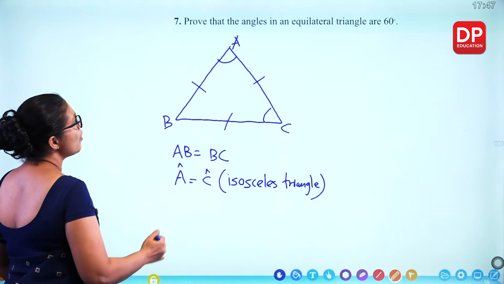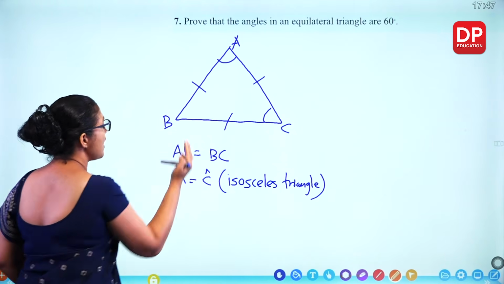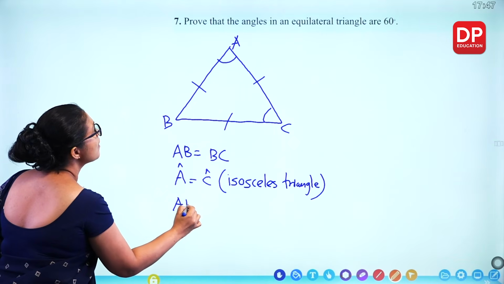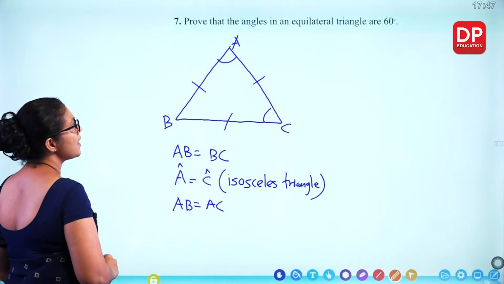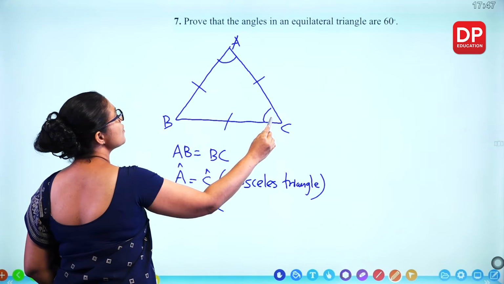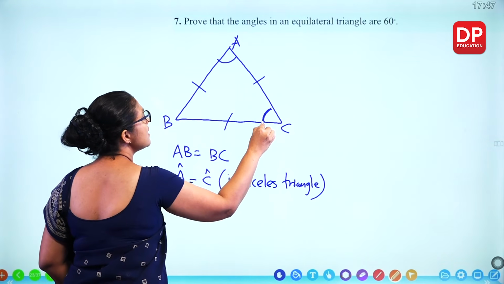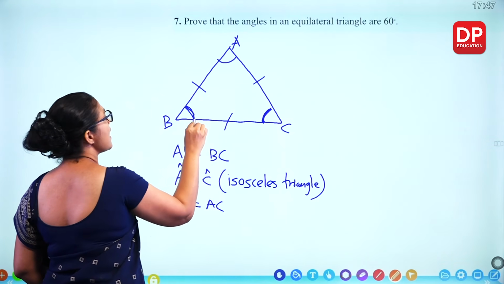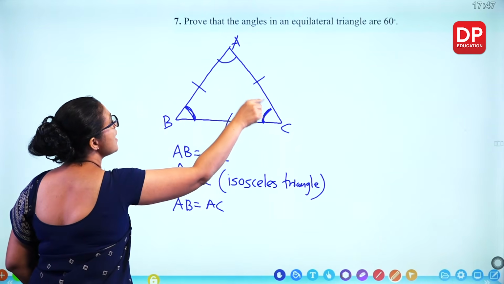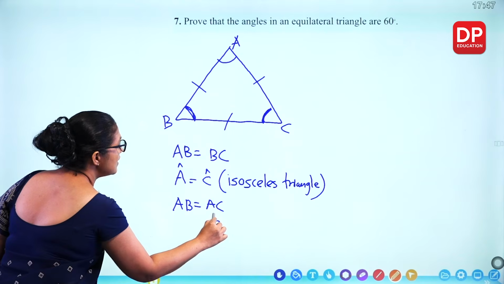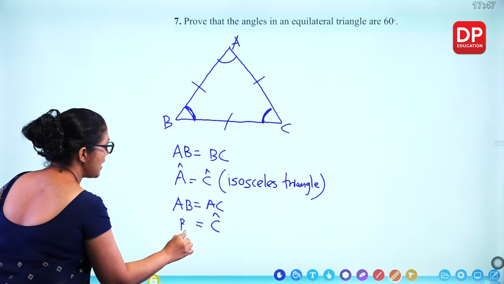Then think about the other way. So if AB equals to AC, what can you write? If this side is equal to this side, this angle is same as this angle. So you can write C angle is same as B angle.